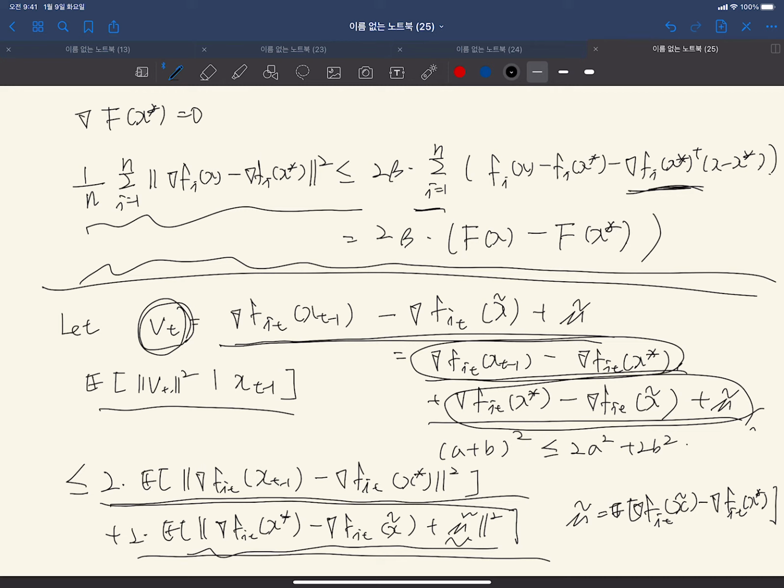Why? The expectation of the gradient of fit x star is 0, and from the definition, mu tilde is equal to the gradient of fit x tilde.